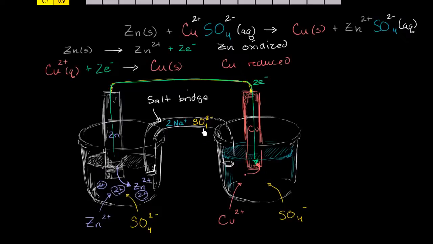So for every sulfate anion, you have 2 sodium cations. And so what's going to naturally happen here?